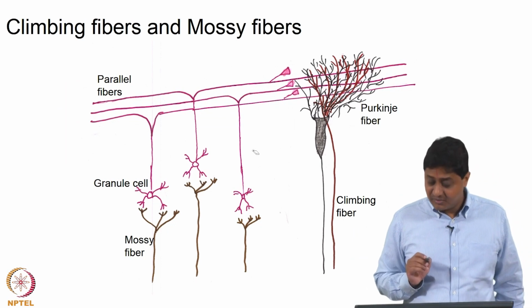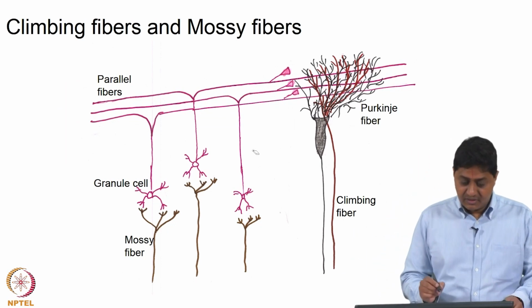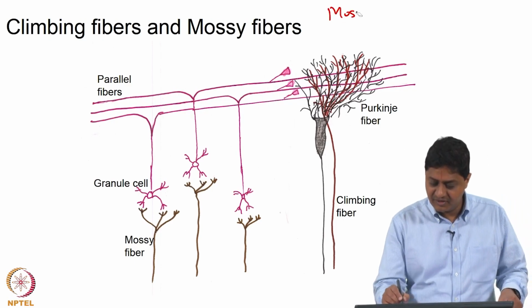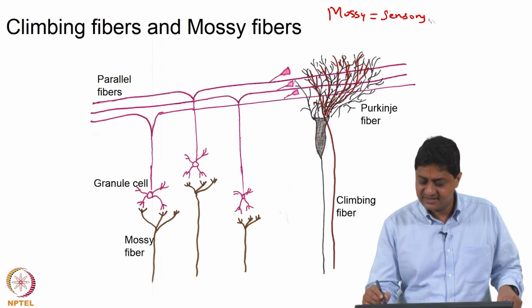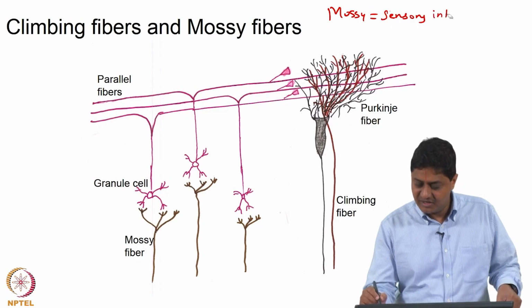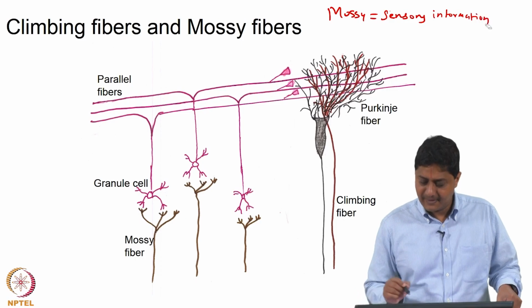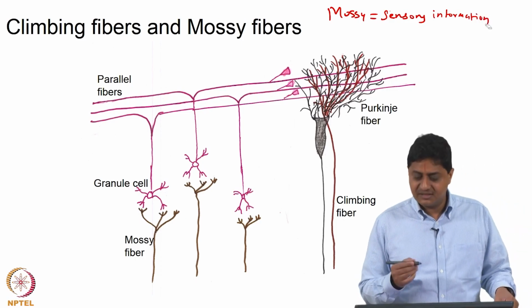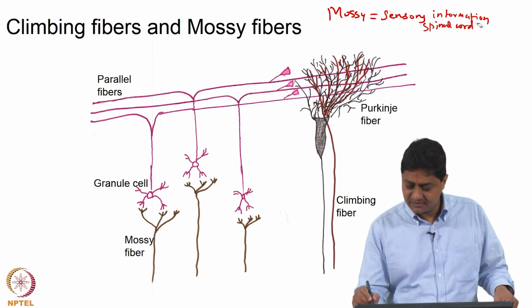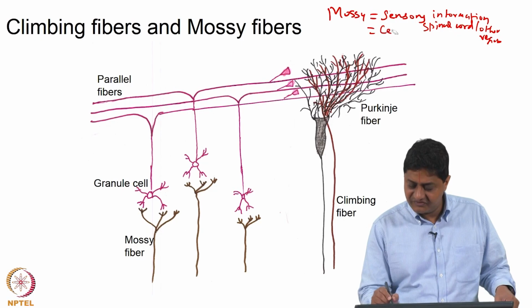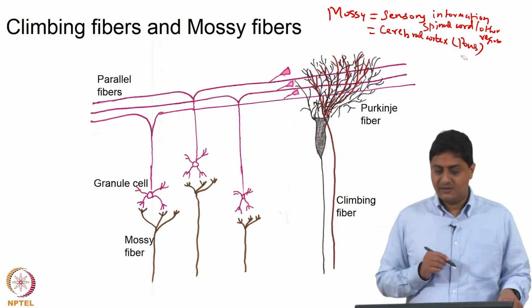So, we said what are mossy fibers? Mossy fibers are, I will write this here, sensory information, or mossy fibers are neurons that bring sensory information from spinal cord and other regions of the CNS, and they also bring information from cerebral cortex via pons, right.